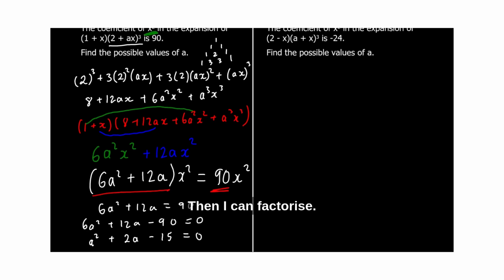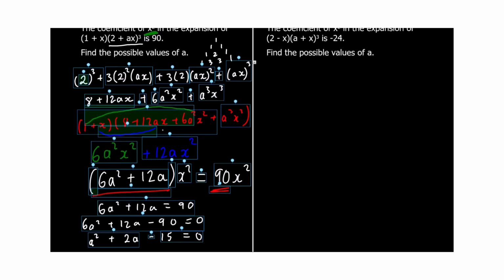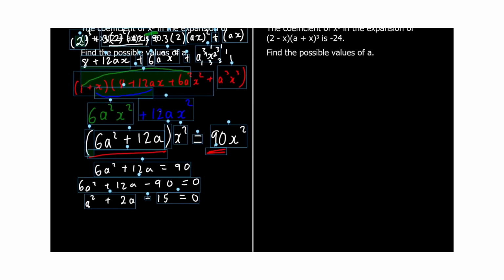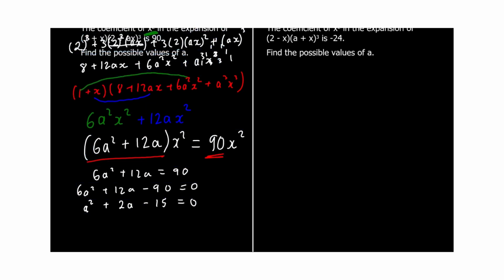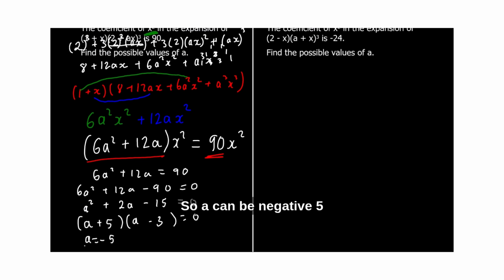Then I can factorize. So what multiplies to make 15 and adds to make 2, it's 3 and 5. Plus 5 take away 3. So a can be negative 5 or a could be 3. So they are my two possible answers.